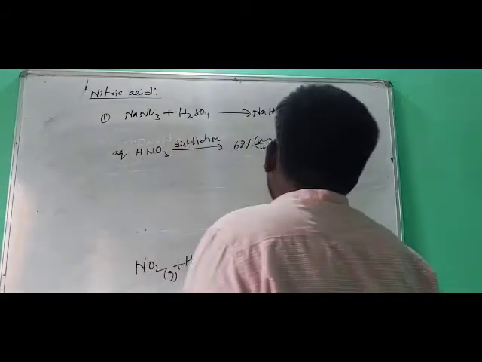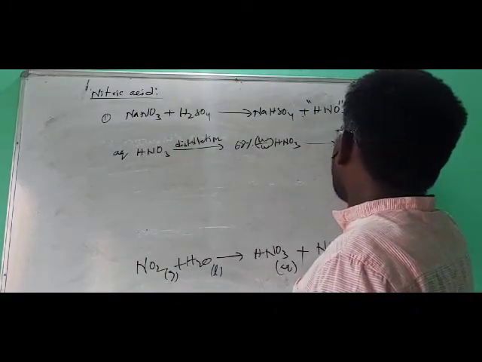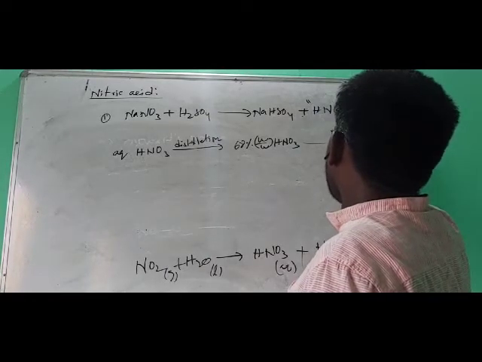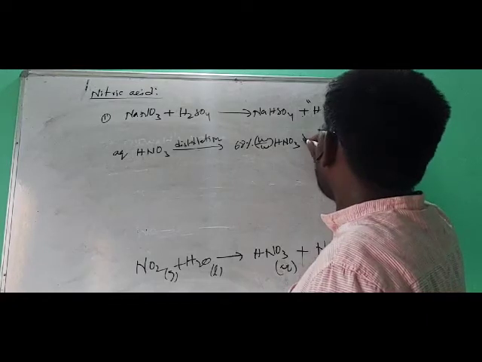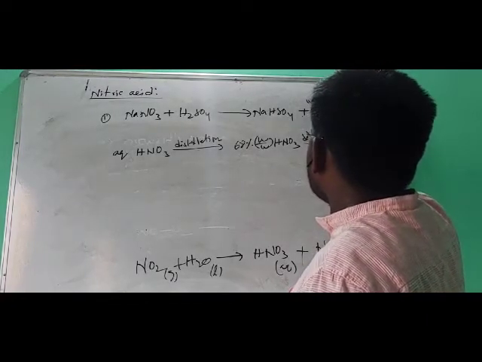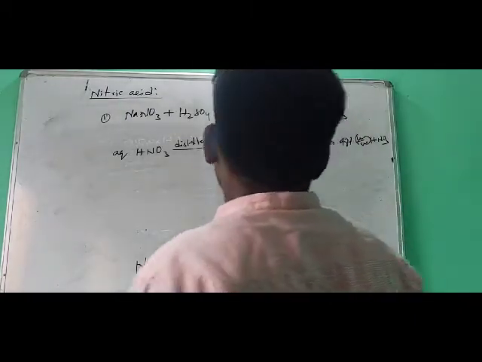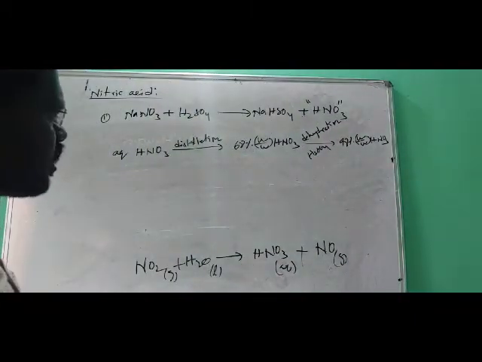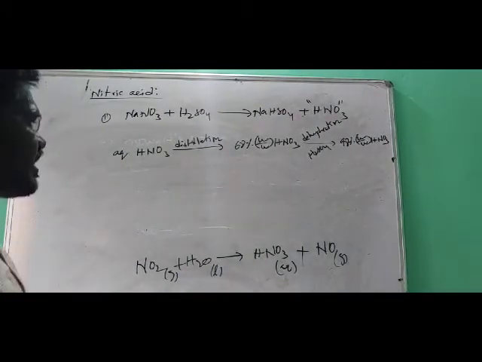And this one we can further concentrate up to 98% by mass by dehydration with H2SO4. So in the Ostwald process we get aqueous or diluted nitric acid.